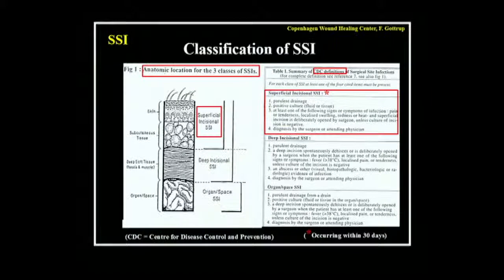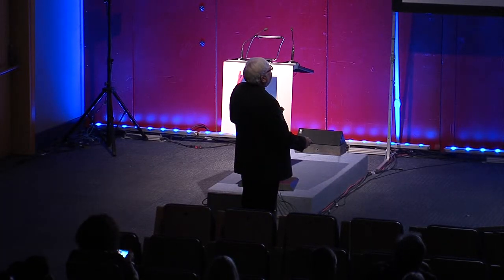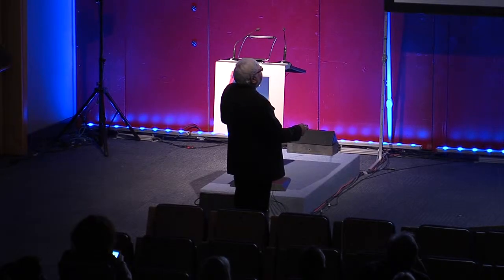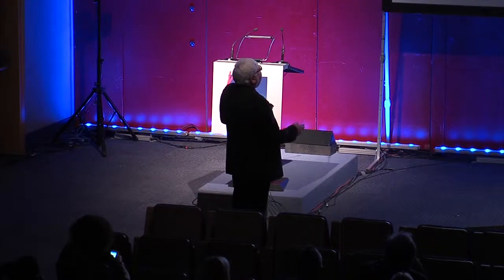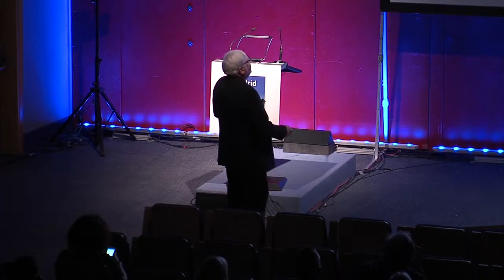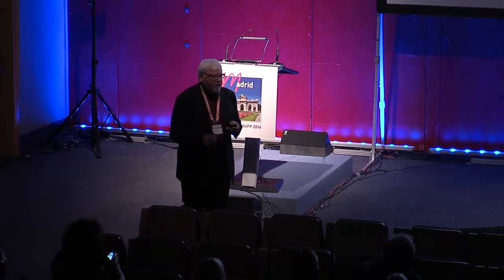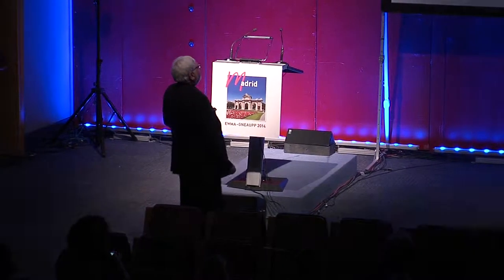I would say the superficial one is probably 90% of everything. That's the reason the Centers for Disease Control and Prevention has made this diagnosis for superficial: purulent drainage, positive wound culture, and so on. I will not go into detail with that. And all these things should occur within 30 days after surgery. This is a very general classification.